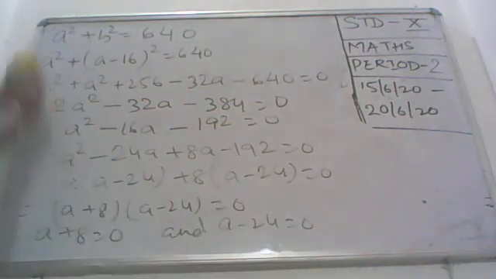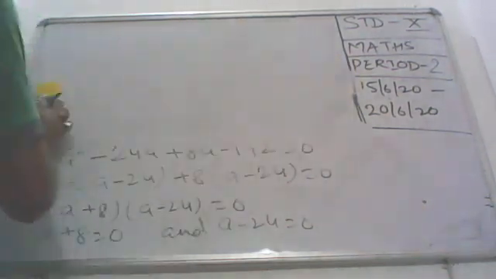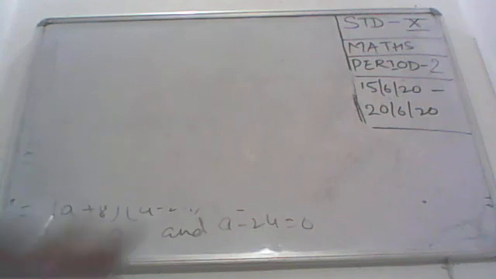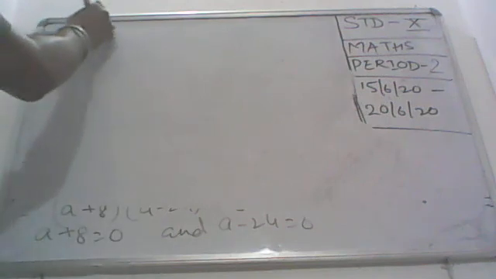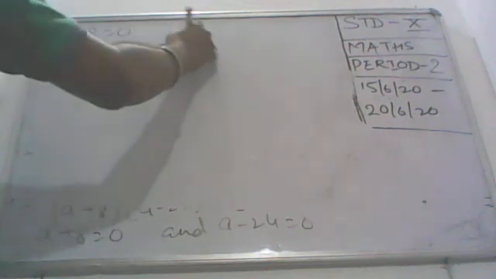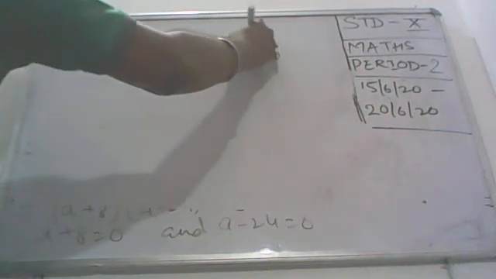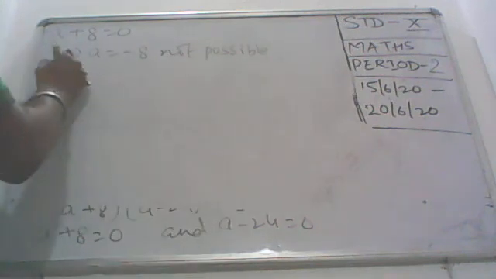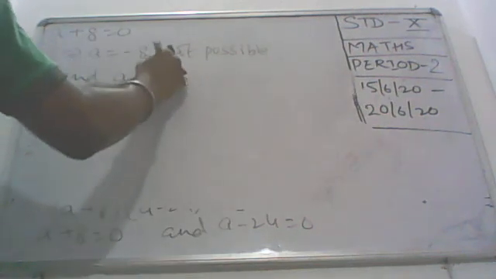We have found this. So now see what will happen here. a plus 8 is equal to 0, that means a is equal to minus 8. Not possible. Then what is possible? The second one: a minus 24 is equal to 0.